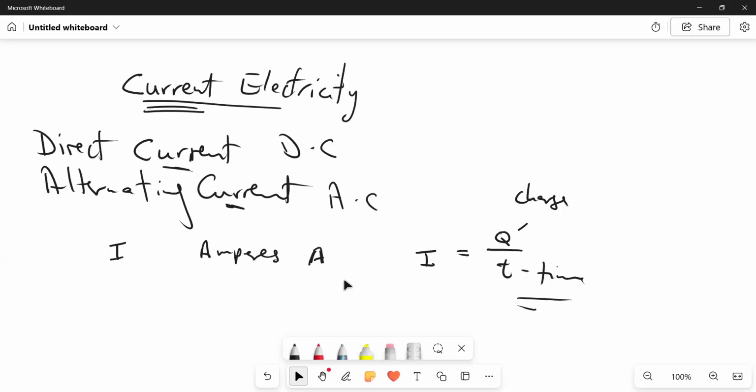And you can hear of multiples and submultiples of amperes, like milliampere, written with a small m, and the current can also be very large, and you can have kiloampere as well, right?